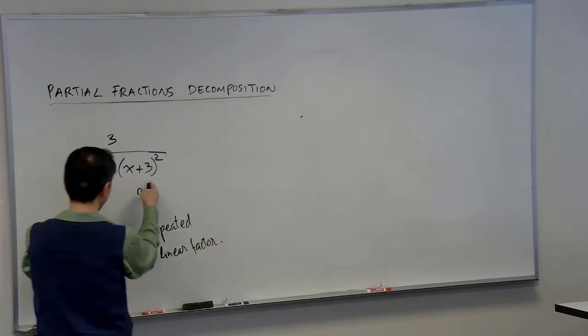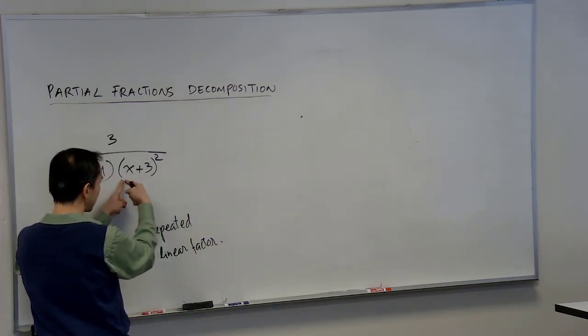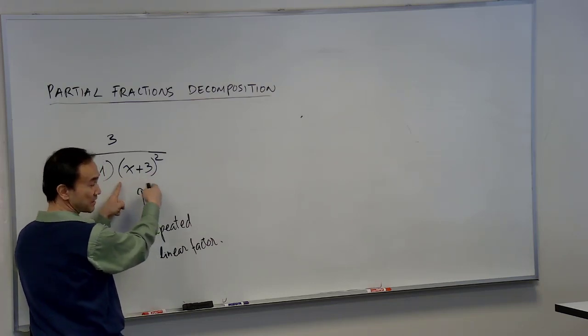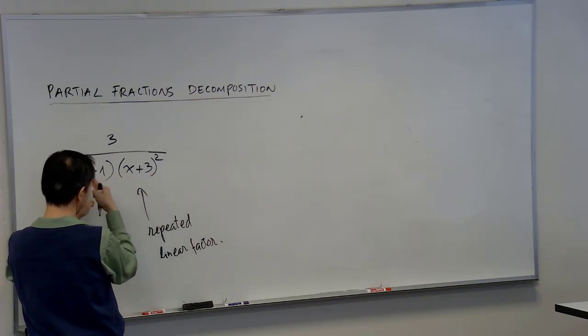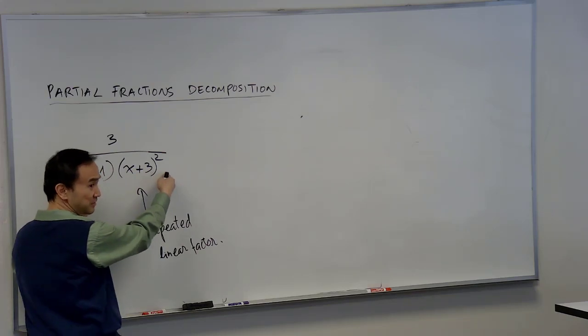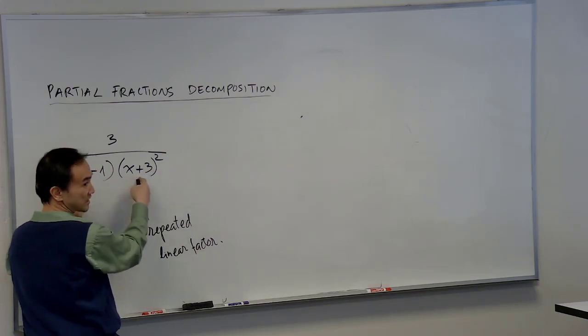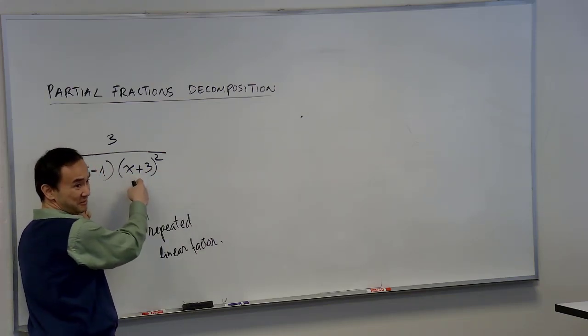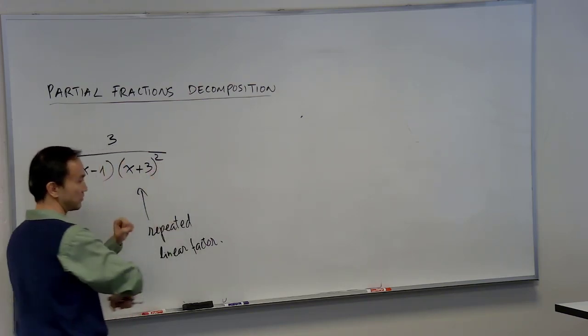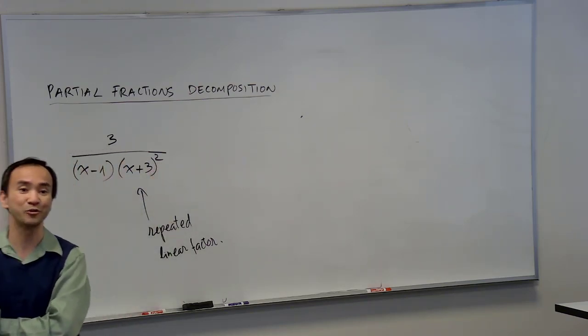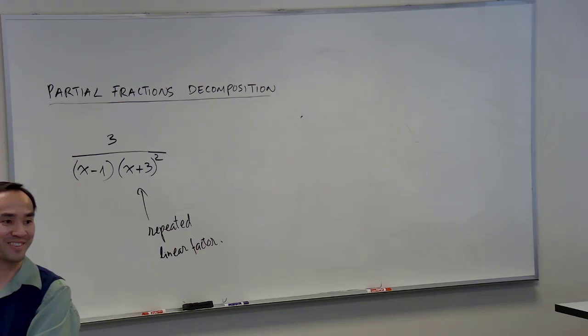Repeated means it repeats itself like that. Among these, we got 3 linear factors at the bottom, but only 2 of them are distinct, different from each other, and then one is repeated. That's what we're trying to get into. See what I'm saying now?